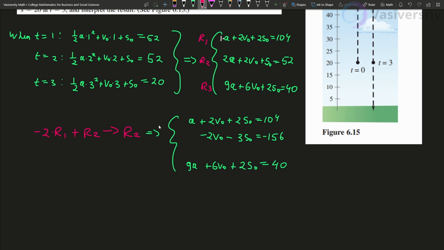Okay, once again, now that becomes our R1, R2, R3. Okay, now let's go ahead and we're going to have the first equation multiplied by -9. So let's do a -9 times the first equation plus the third equation. Okay, and we will get to change the third equation.